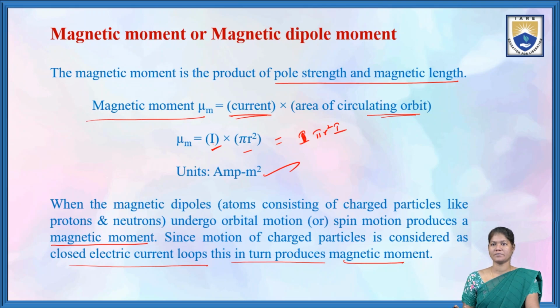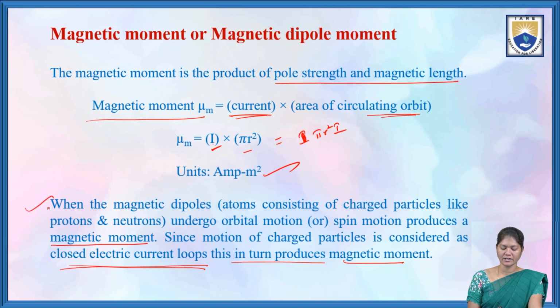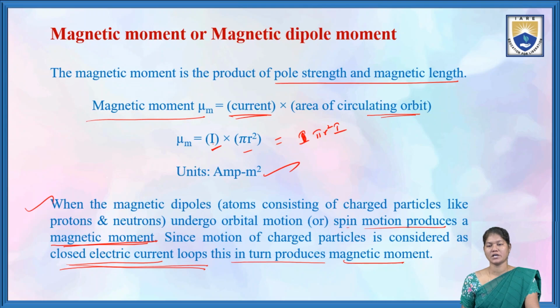Since they are charged particles in motion, that motion is considered as closed current loops, which in turn produces a magnetic moment.